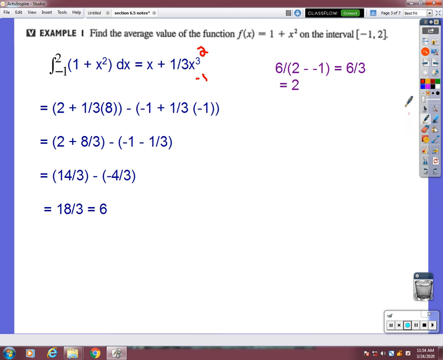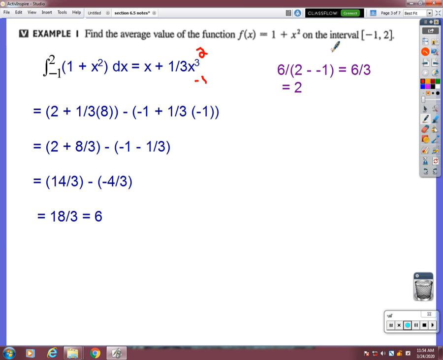So that means that the average value of this function on the interval from -1 to 2 turns out to be 2.